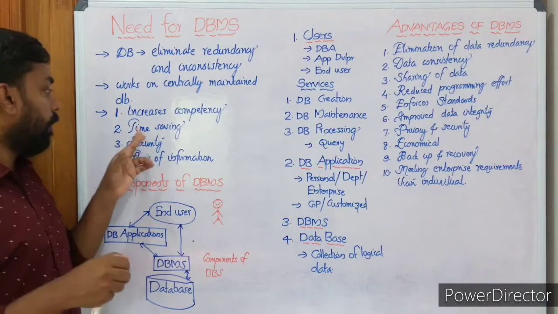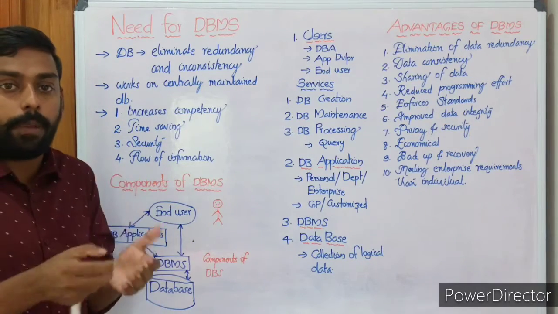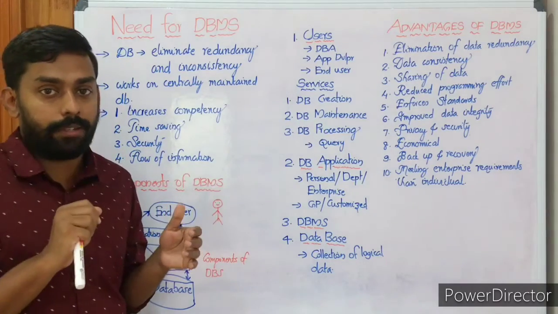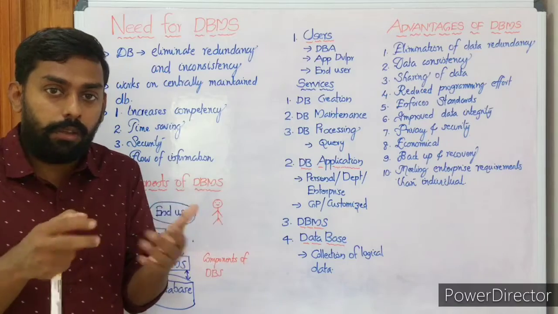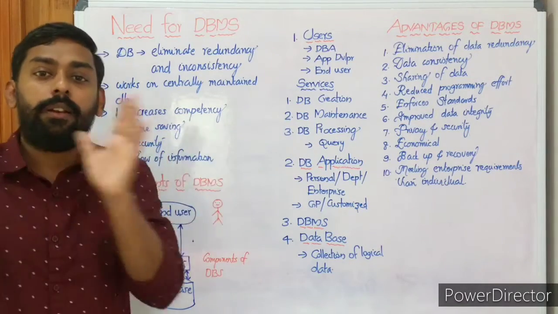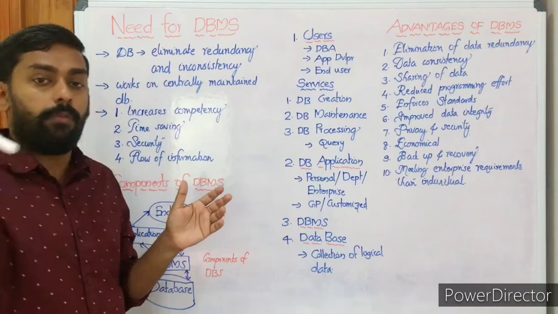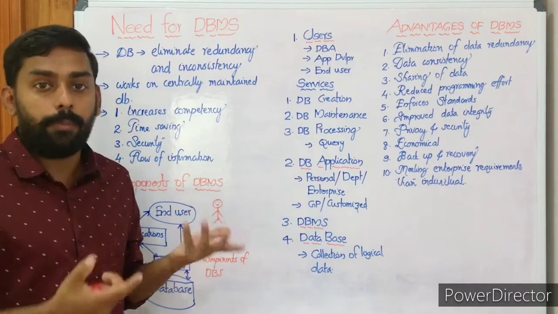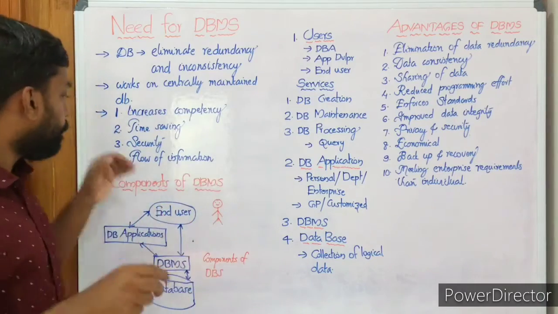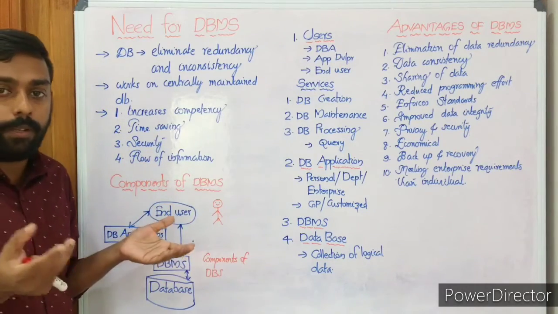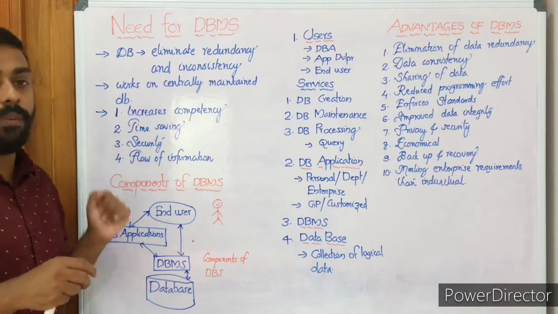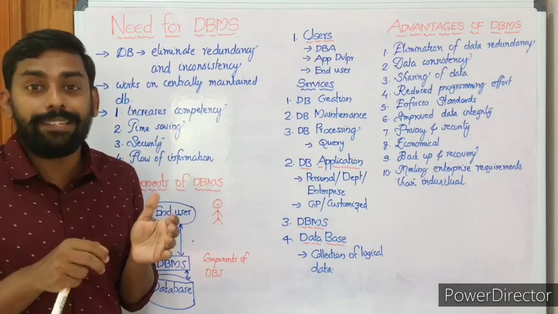Then time saving: it saves a lot of time because everything is updated at a single place. Even when we make a change from some other machine, the change will be reflected in the single machine, and those changes will take effect in all other places. Then security of information, because data is stored centrally in a single machine. Then flow of information will be very easy, right?